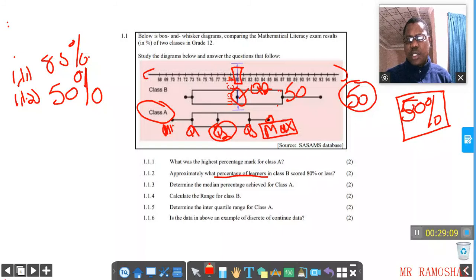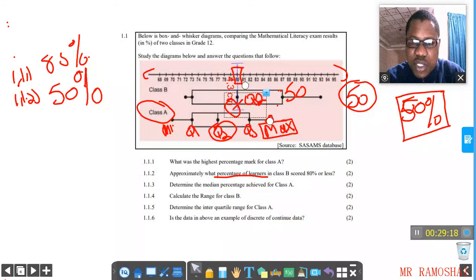Inside it's quartile 2. So let me point at it, so that when you are writing, make sure that you use a ruler. You use a ruler definitely to see your points, right? So it's quartile 2.